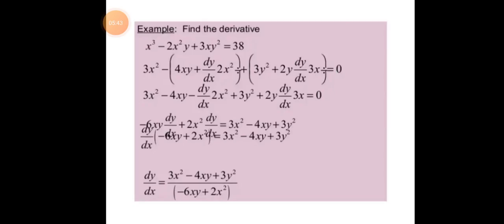Then, example: how to find the derivative. So, this is the example: x cubed minus 2x squared y plus 3xy squared equals 32. So, how to get this one? So, we need to solve it. So, 3x squared minus 4x, this one.